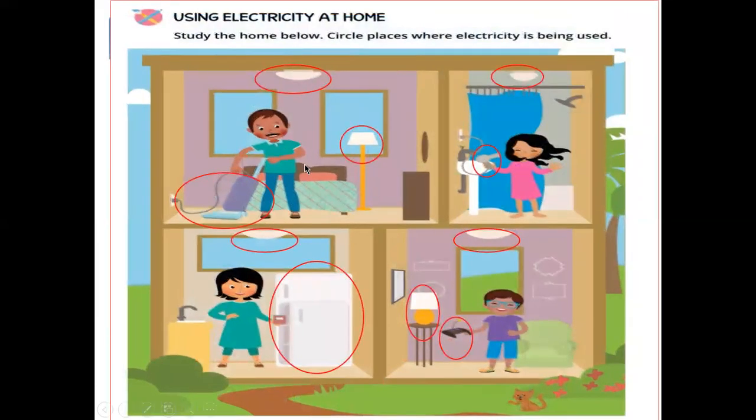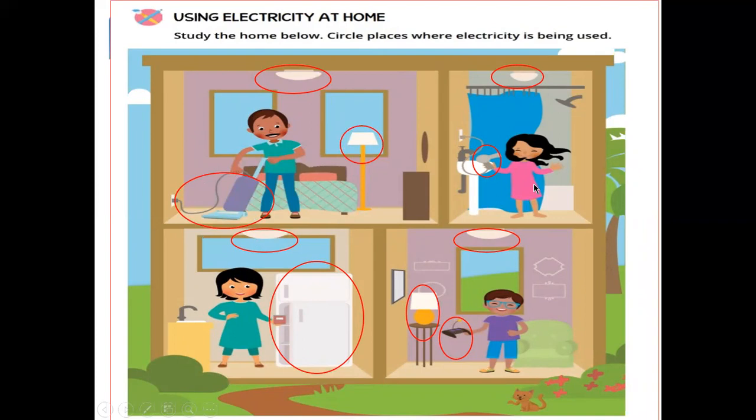Let's look together at the first picture. Where is the electricity being used? The electricity here is used for lighting lamps, as we see. Also for working of the vacuum cleaner.